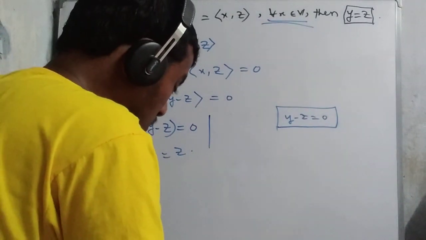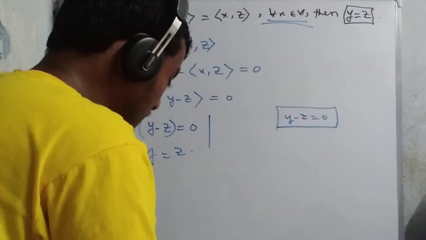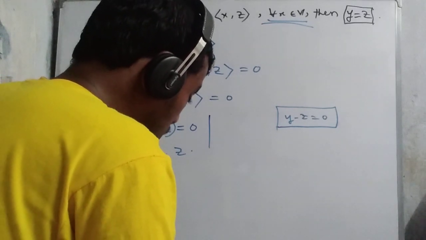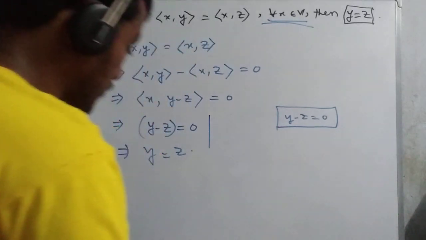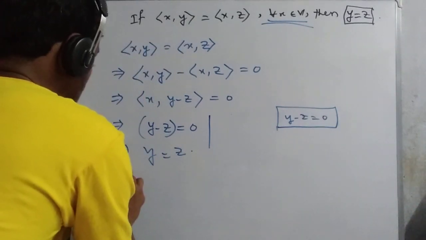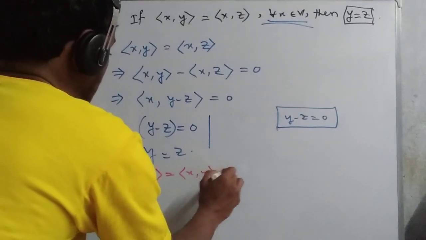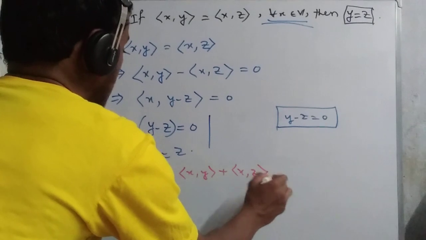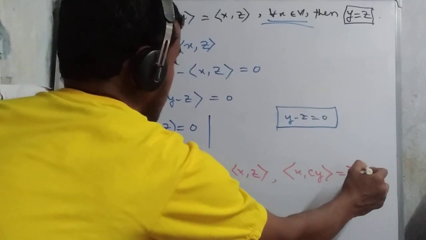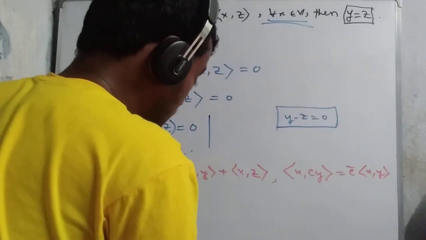So today we discussed this one. And we also show which one is conjugate linear. That means this condition is satisfied: <x, y plus z> equals <x, y> plus <x, z>, and <x, cy> equals c conjugate <x, y>.